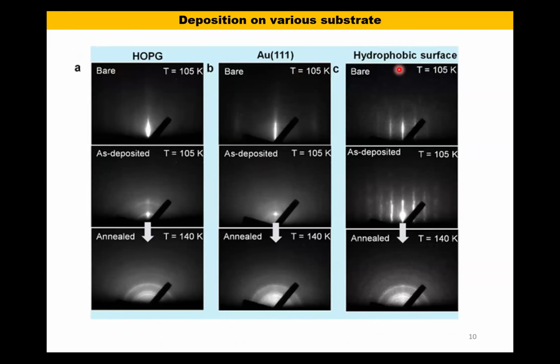This hydrophobic surface is formed by depositing octadecanethiol molecules on gold 111. You can see this is the bare substrate, and this is the diffraction intensity for the different bare substrates. This is gold 111, this is the 111 plane, and this is the hydrophobic surface. You can see a small distance between the two planes.